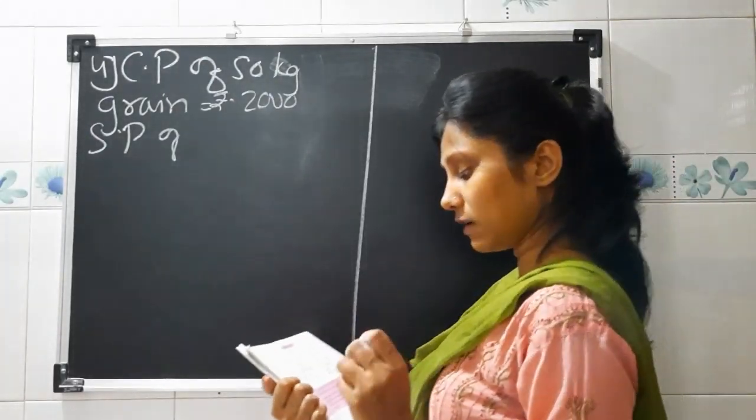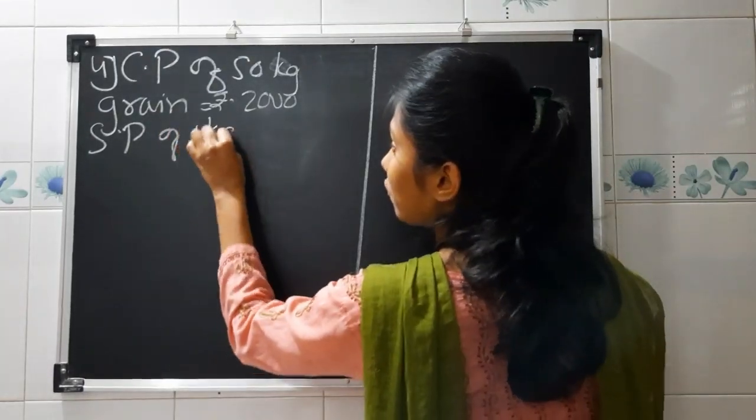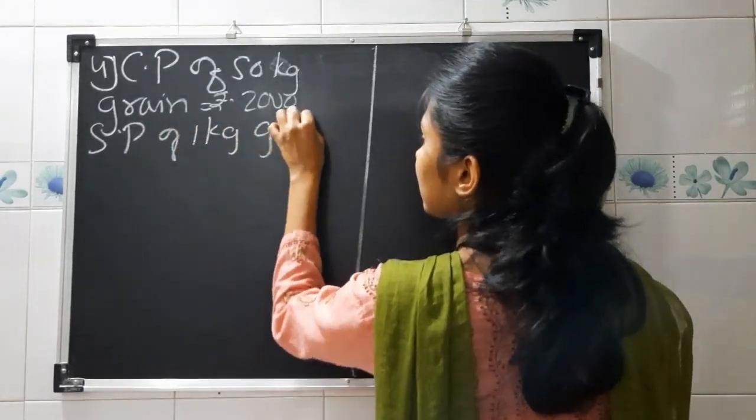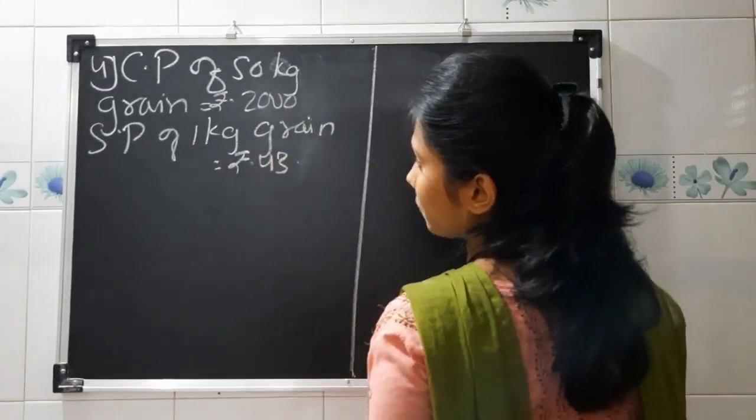They have given you selling price is rupees 43 per kg. Per kg means the selling price of 1 kg grain is rupees 43.